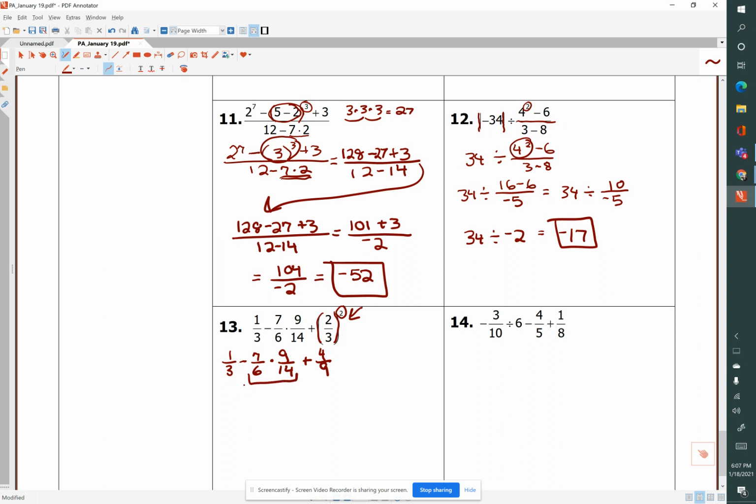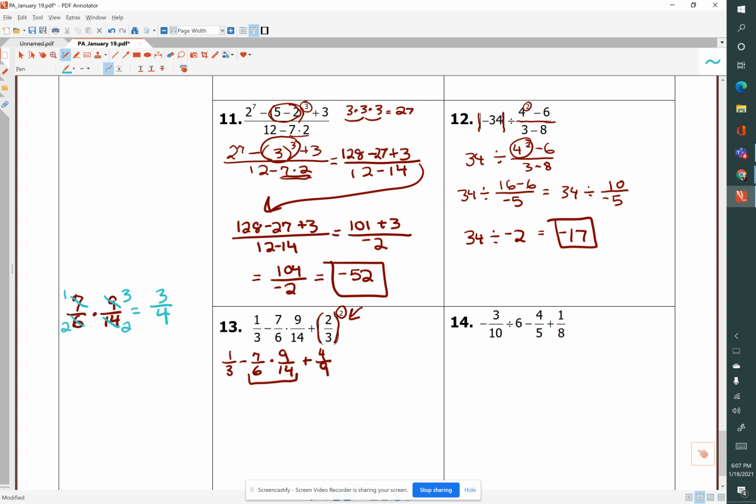So that would be 7/6 times 9/14. So I'll come over here, 7 over 6 times 9 over 14. Let's get a new color to do this. 7 divided by 7 is 1. 14 divided by 7 is 2. 6 divided by 3 is 2. 9 divided by 3 is 3. 3 times 1 is 3. 2 times 2 is 4.